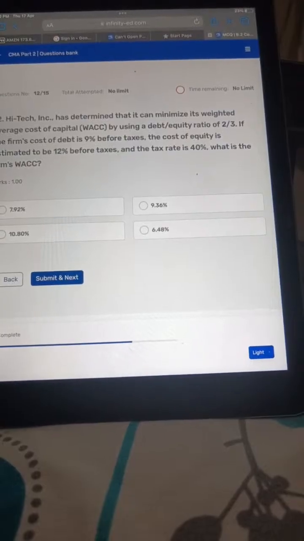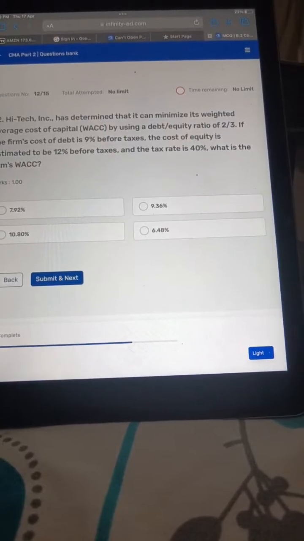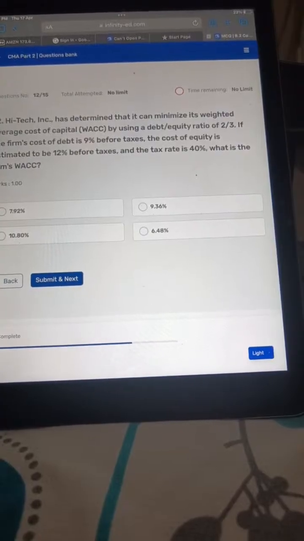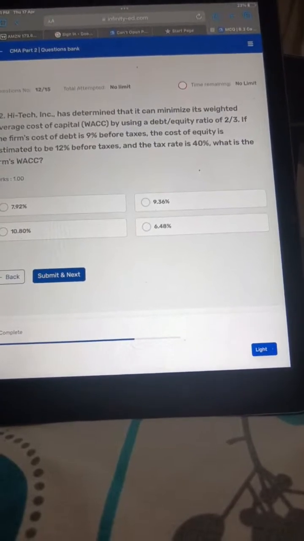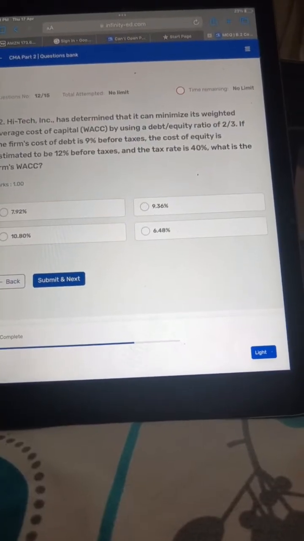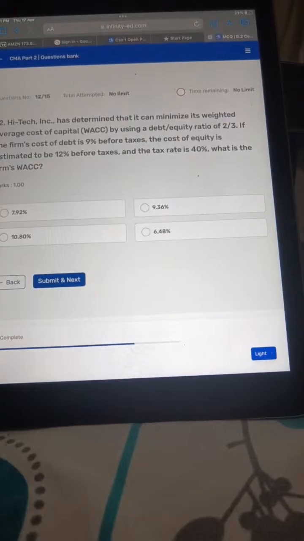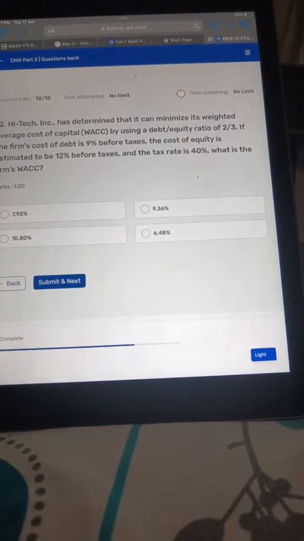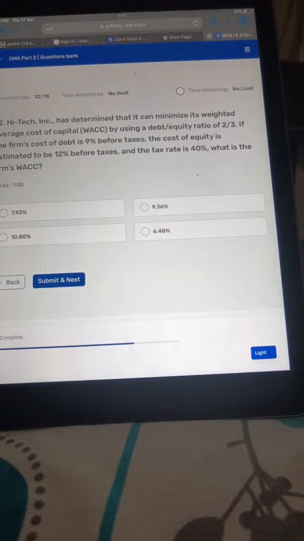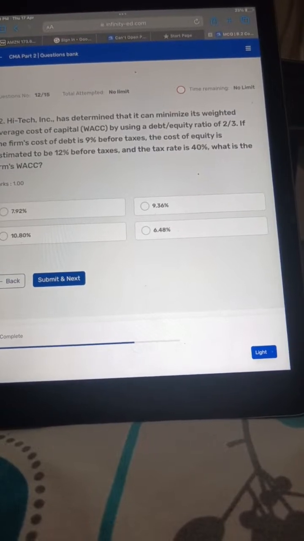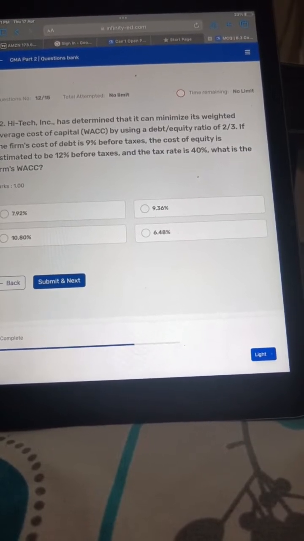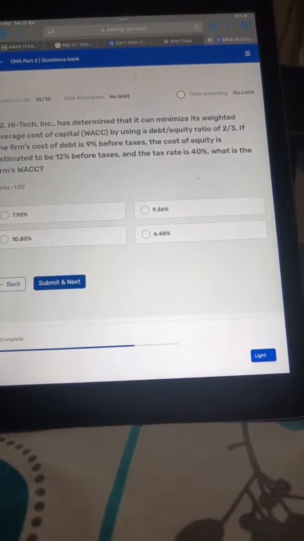In this case, the cost of equity before tax does not make any sense. That's why the cost of equity needs no tax consideration. Only need to consider tax for the debt: 9% times 0.6 comes to 5.4%, and with debt equity 2 to 3, multiplied by 2 divided by 5 comes to 2.16.